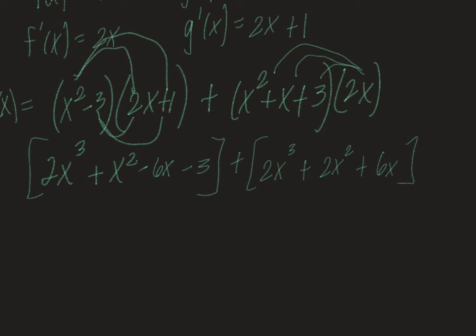Well, now I'm just going to combine like terms to get 4x cubed and 3x squared. The 6x's completely cancel because one was positive, one was negative, and then there's a minus 3 in the back.